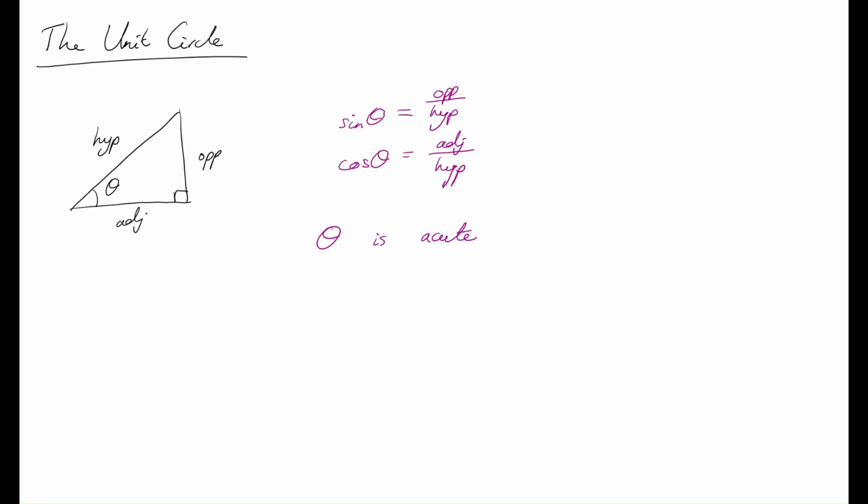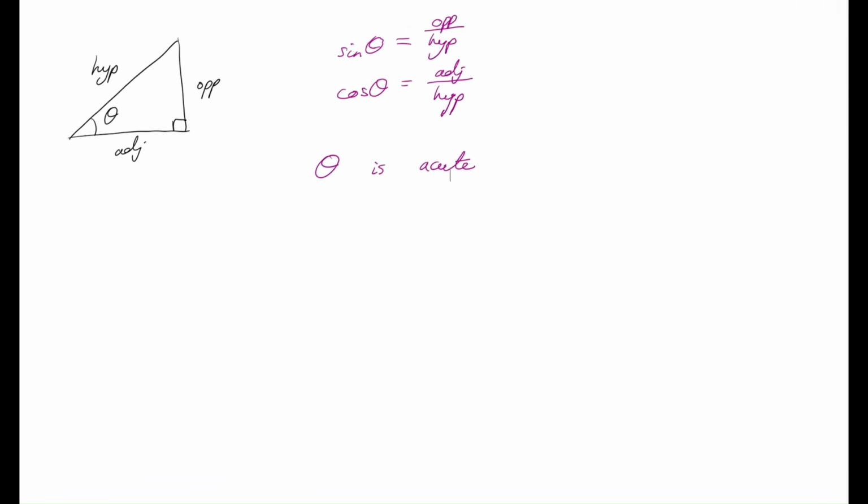The unit circle we're going to take a look at allows us to expand that definition of trigonometric ratios of sine and cosine. So if I draw myself a unit circle, what do I mean by that? If I draw myself a nice set of x, y axes, I'm going to draw a circle on those axes.